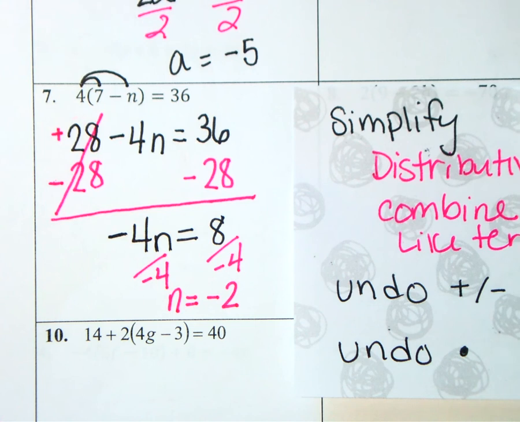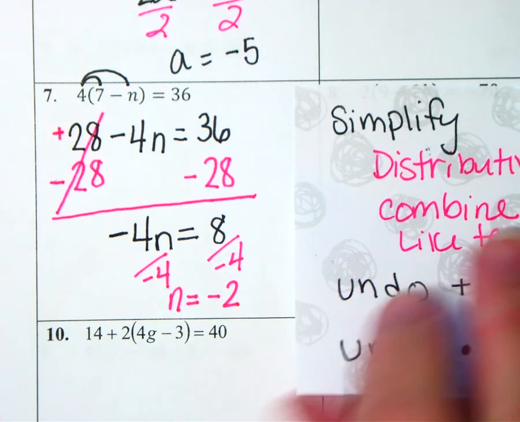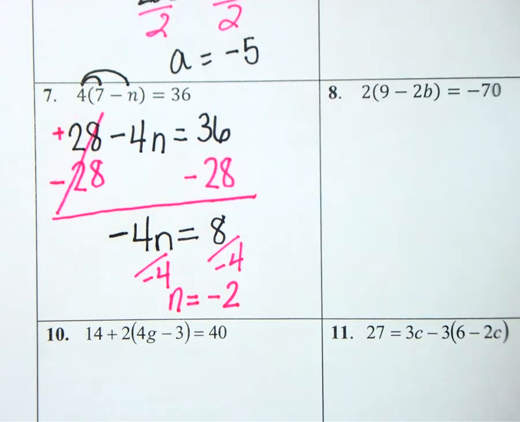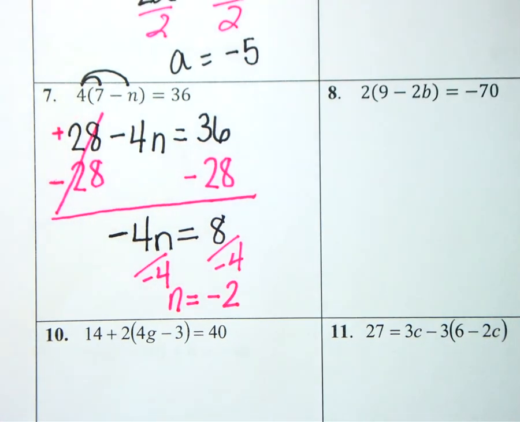Okay, let's move on to one of the more difficult problems. Let's do number 11. We could do number 10. We could go straight down and do number 10, but number 10 is not near as difficult as 11 and 12, so I want to make sure you get one of those.